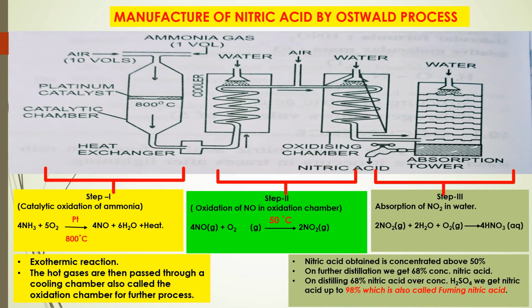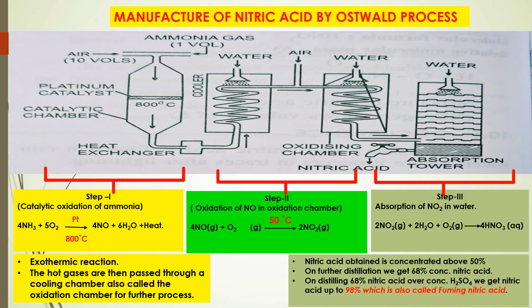Therefore, when 68% nitric acid is distilled over concentrated sulfuric acid, we get nitric acid up to 98%, which is also called fuming nitric acid. So fuming nitric acid is nothing but 98% concentrated nitric acid. So this is how we get concentrated nitric acid by the Ostwald process.